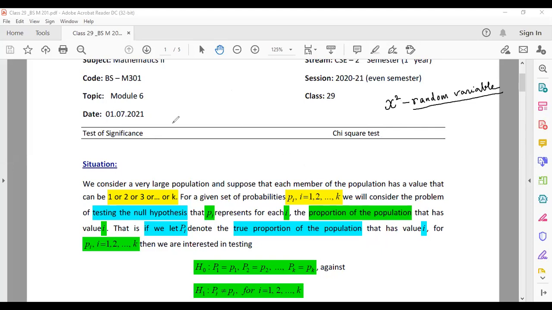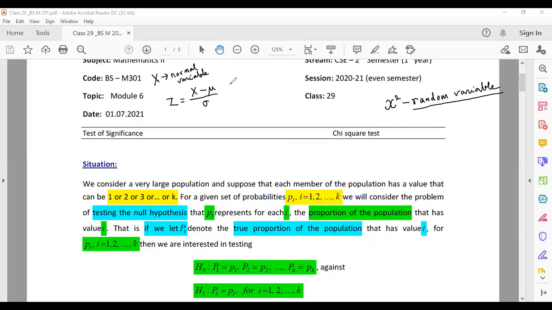To be very brief, at least for today's class, you know that if capital X is a normal variate, we can standardize this normal variable into the following form. We can define a new variable capital Z, which can be written as (x minus mu) by sigma.